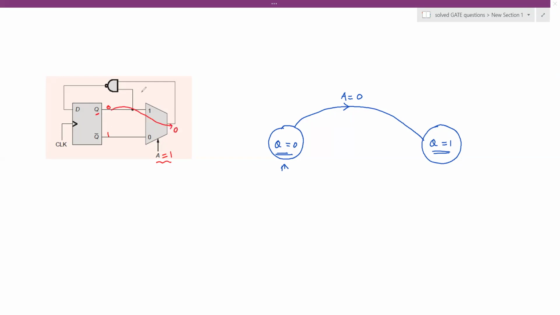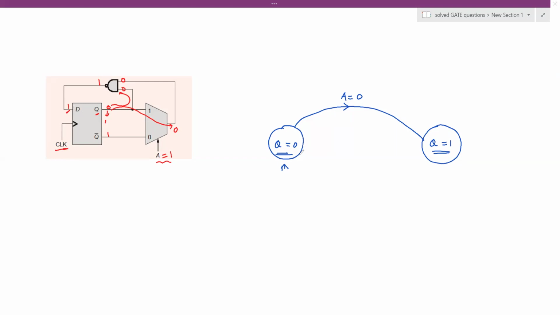So 0 comes here, which is one of the inputs of the NAND gate. 0 also appears here because Q equal to 0. Output here becomes 1. Here D becomes 1. And because of the clock, your Q becomes from 0 to 1 because D equal to 1 here.